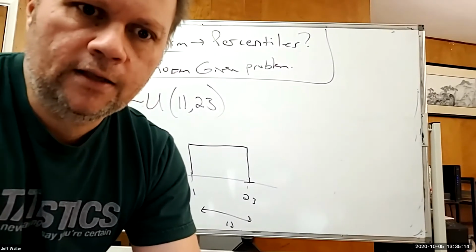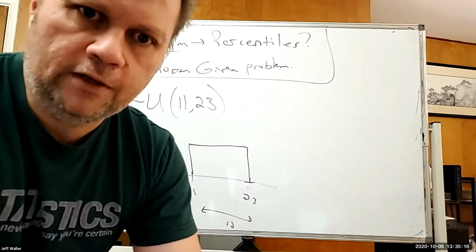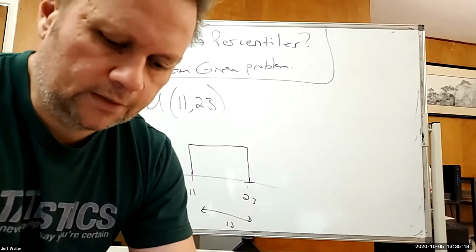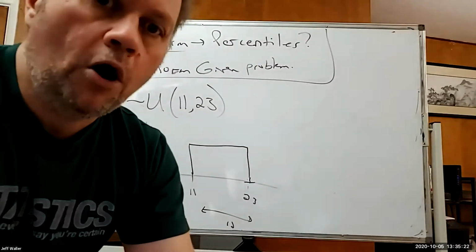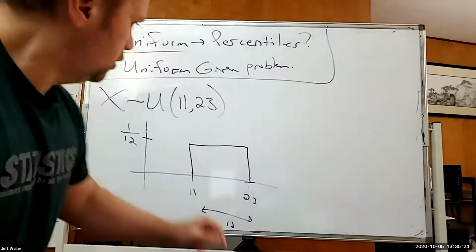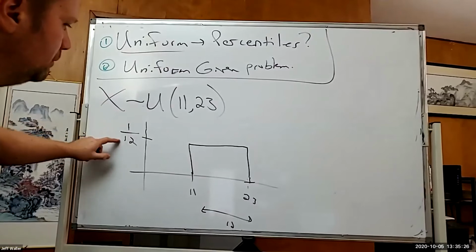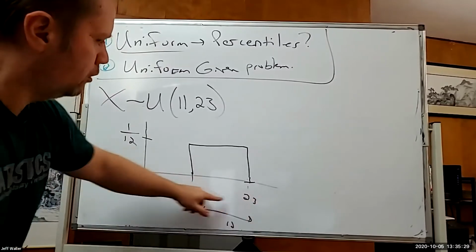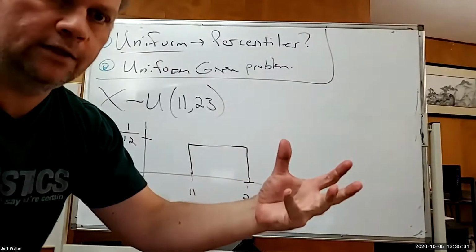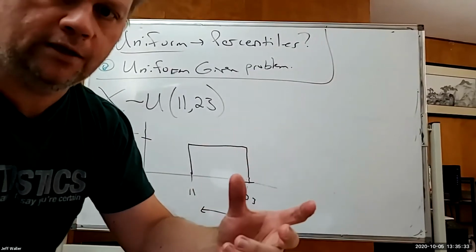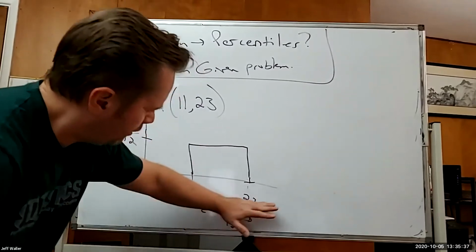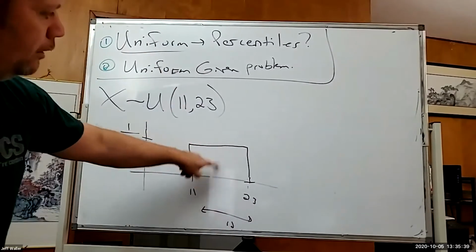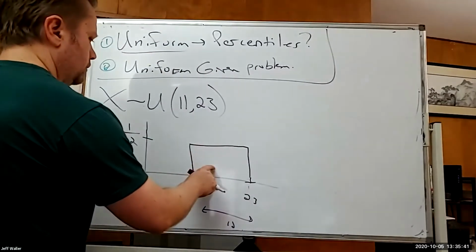It's not a marble with an infinite number of sides. That's a discrete thing. So why am I saying this? We should be comfortable with this 1/12 idea because there's a 12 here, sort of like there's 20 sides on a die, so each one has to be 1/20th. This has a range of 12, so it has to be 1/12, so the area is 1.